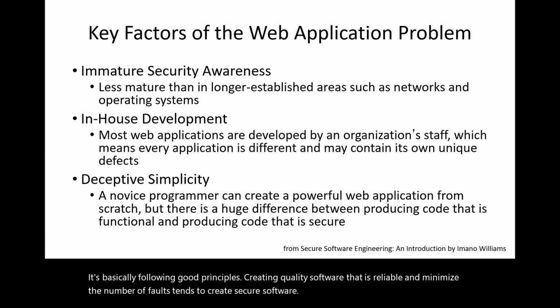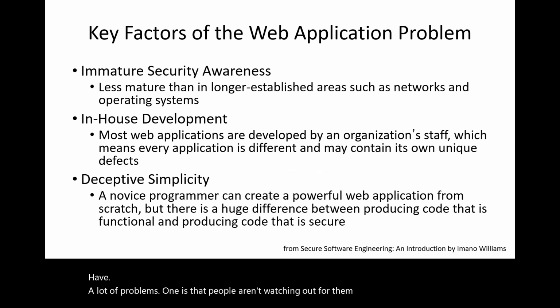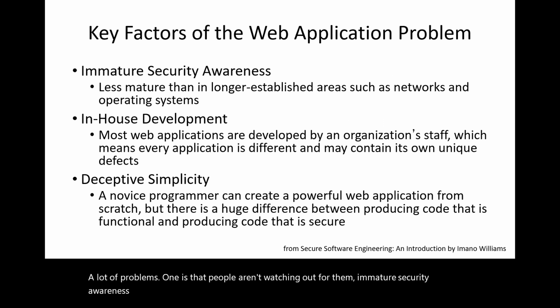There are several reasons why web applications, and most systems now are web applications, have a lot of problems. One is that people aren't watching out for them. Immature security awareness. Developers are not always aware of the great risks they are giving to their users by not creating secure software.